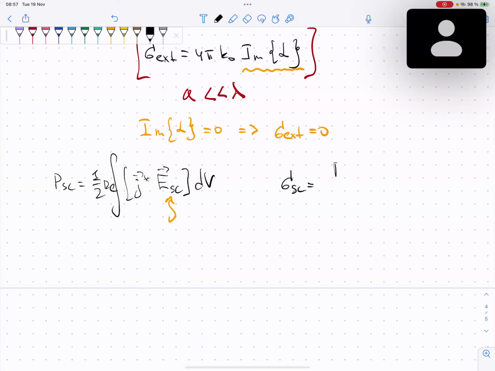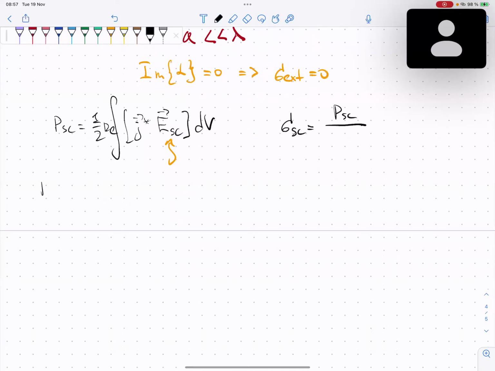For the scattering cross-section, we can just take the scattered power. We can calculate it in a very easy way, because our particle is a dipole, and we know the expression for the radiated power of a dipole.